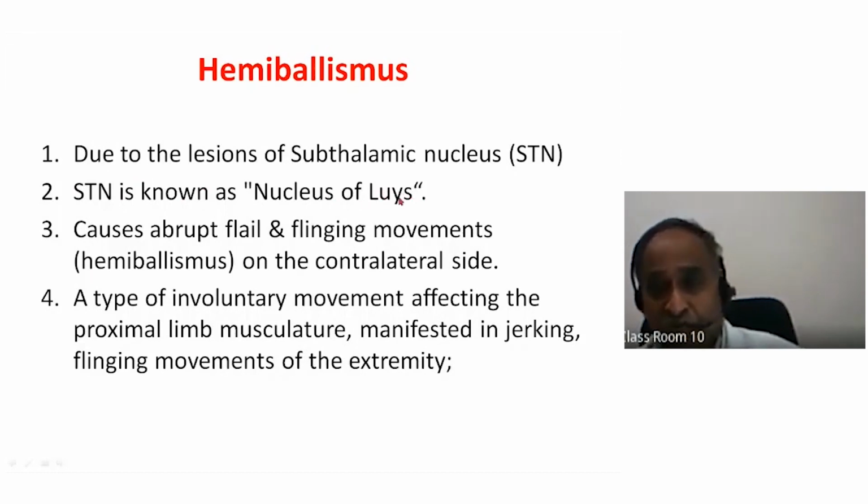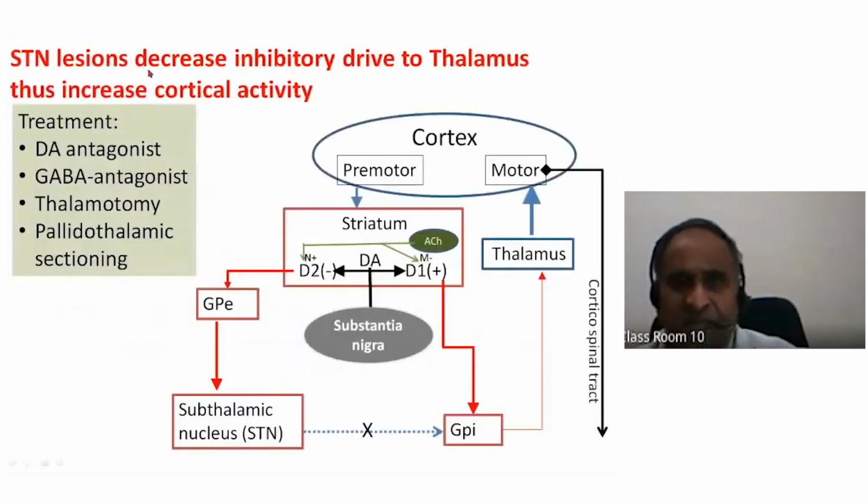I don't know how to pronounce it, maybe Luys, nucleus of Luys. Just for your reference. Lesions of the subthalamic nucleus produce this hemiballismus. Here, there is a typical involuntary movement affecting the proximal limb musculature, manifested as jerking, flinging movements of the extremity, suddenly throwing.